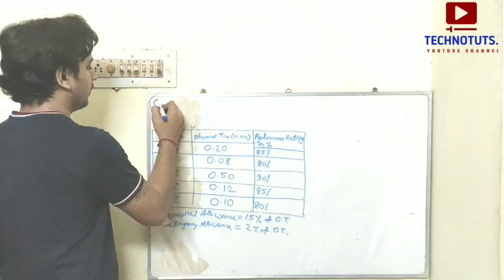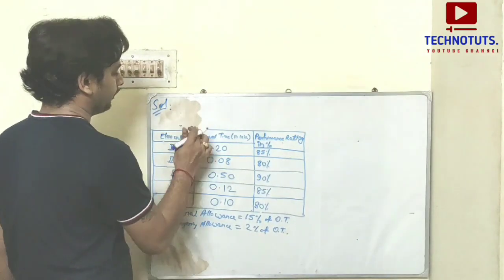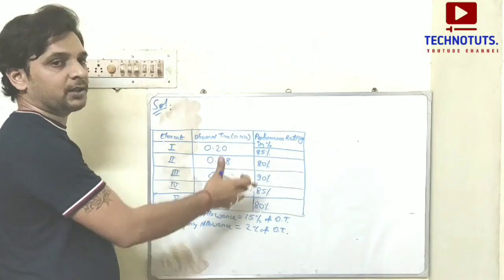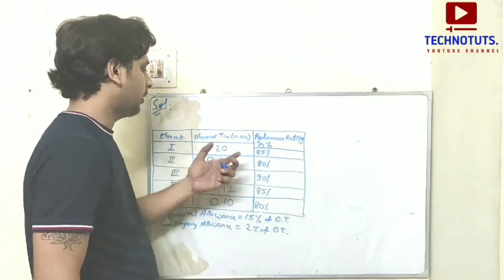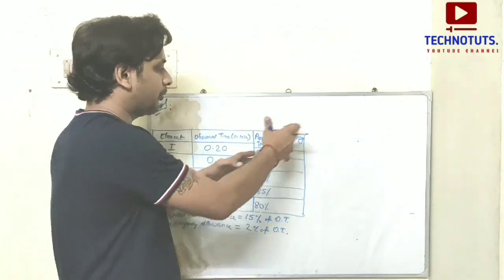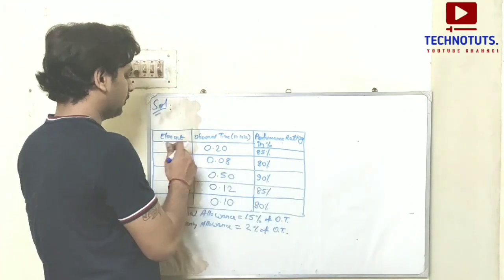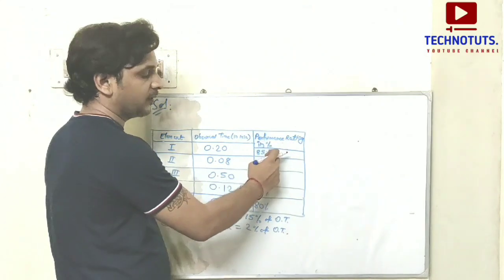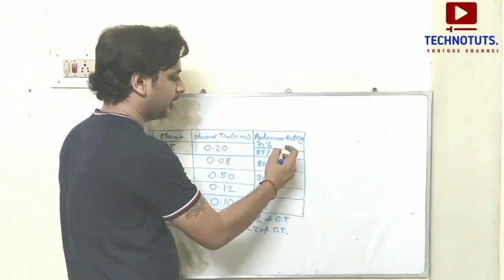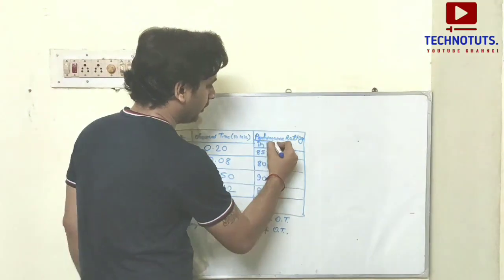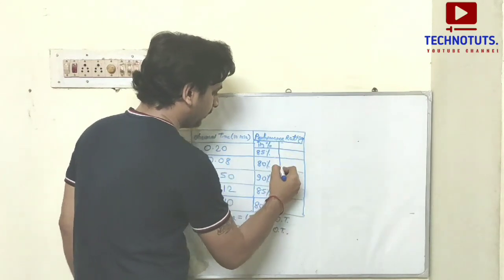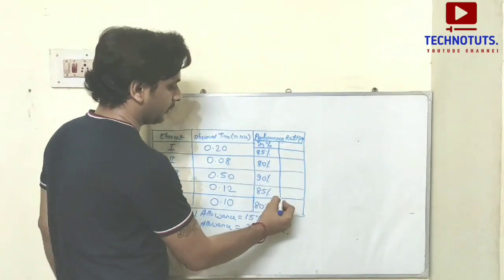The solution of the problem is, we have to make a table, because depending on this table we will calculate the normal time and standard time. For element number 1, the performance rating is given as 85% in the form of percentage. We will convert this performance rating into decimals.